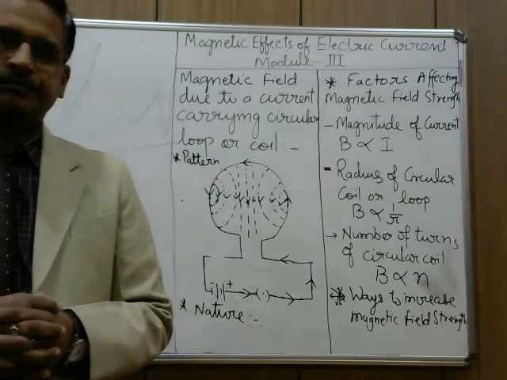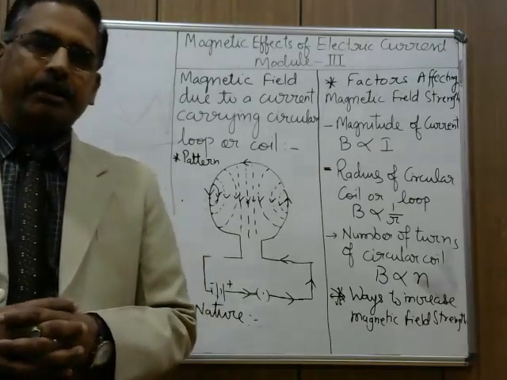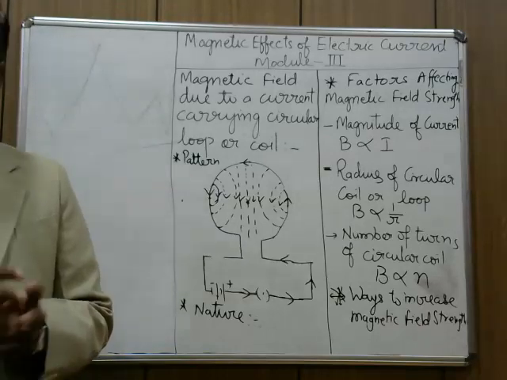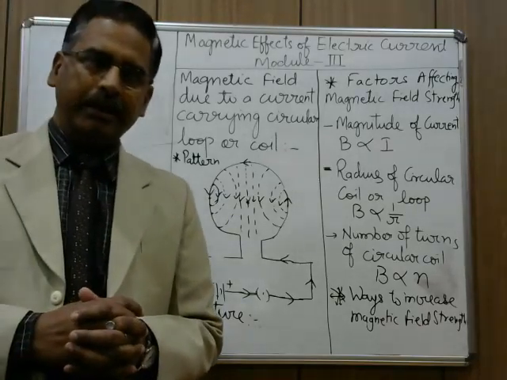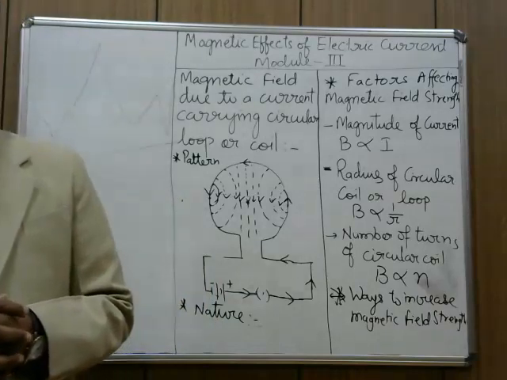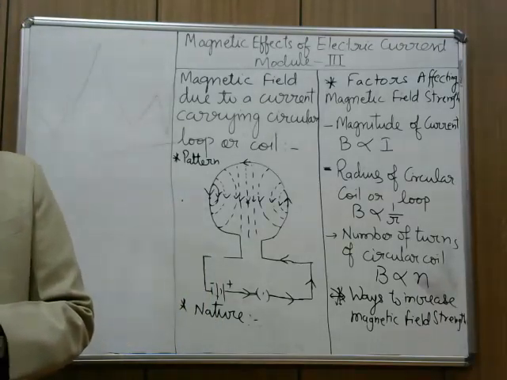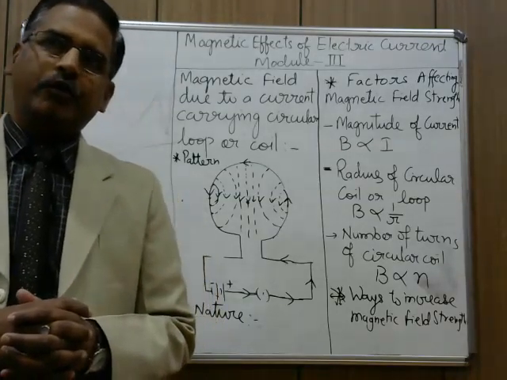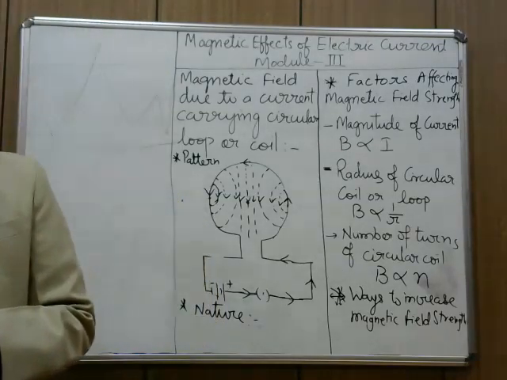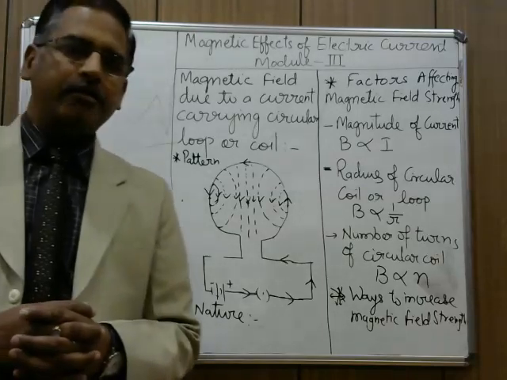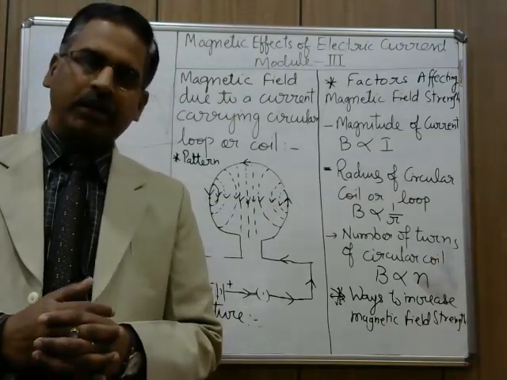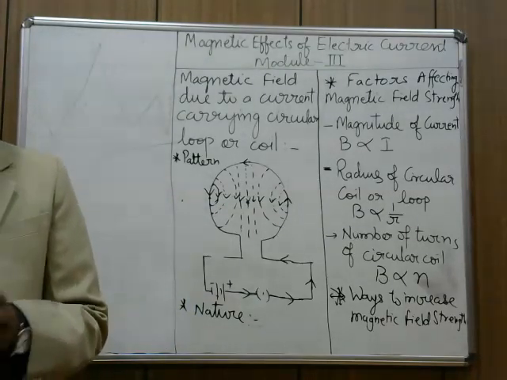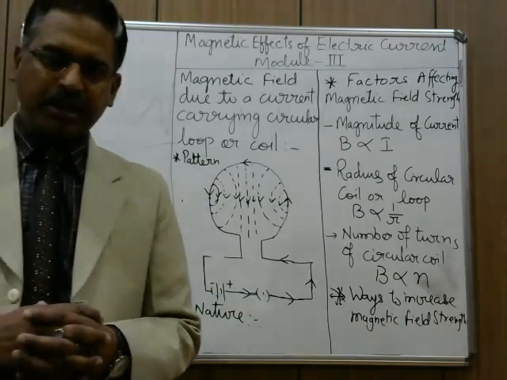If the current in a loop facing you is clockwise, then that face will be the south pole. And if a face of the circular loop is carrying current in the anti-clockwise direction, then it will be the north pole. There is a very easy method to learn this, which is based on a diagram.